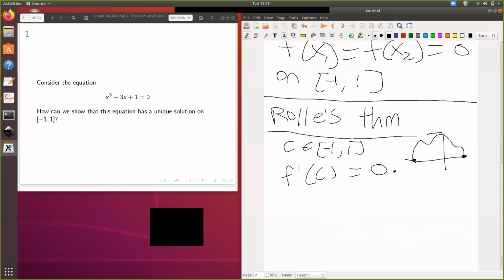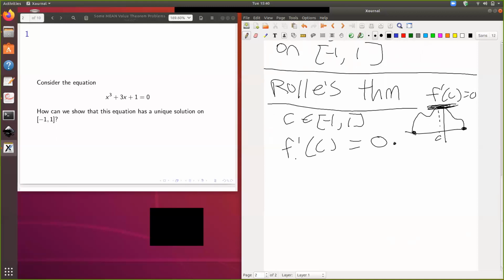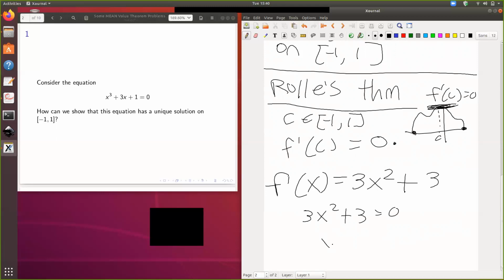You got to have some kind of peak right here. Okay, so let's take that bit of information and let's consider the derivative of the actual function, f prime of x, which is, this is an old hat problem to us at this point, 3x squared plus 3. Well, if we set that equal to 0, 3x squared plus 3 equals 0, we get x squared equals -1.